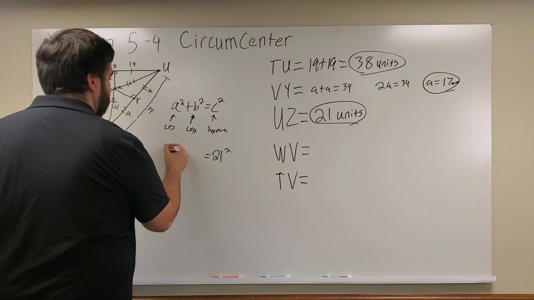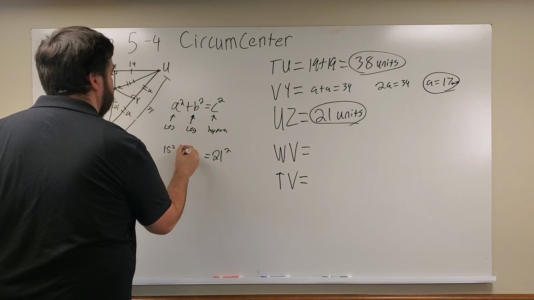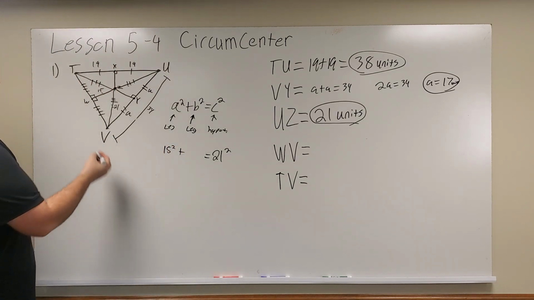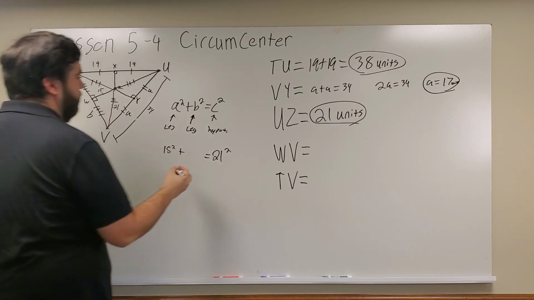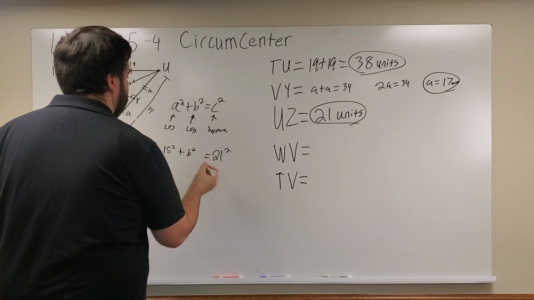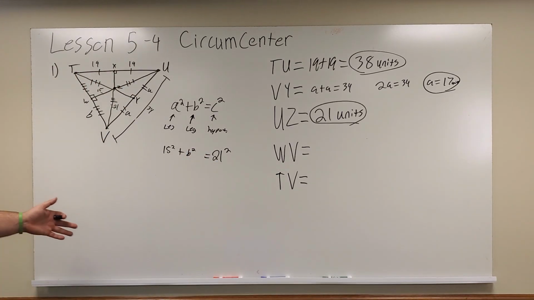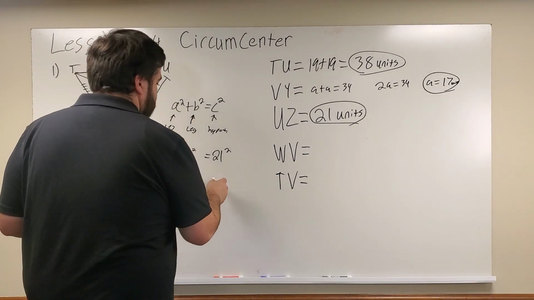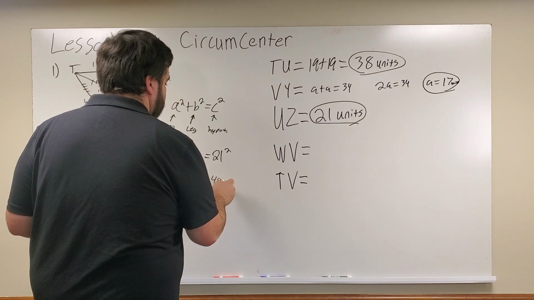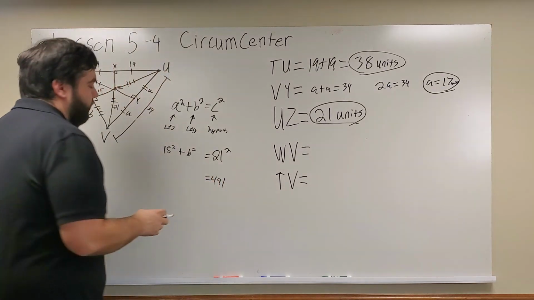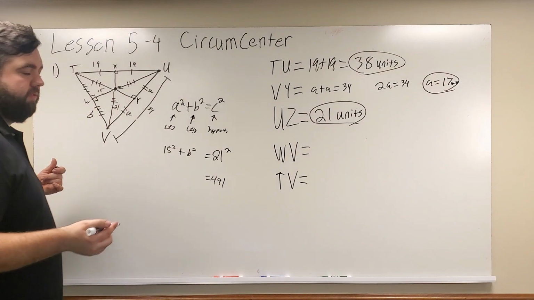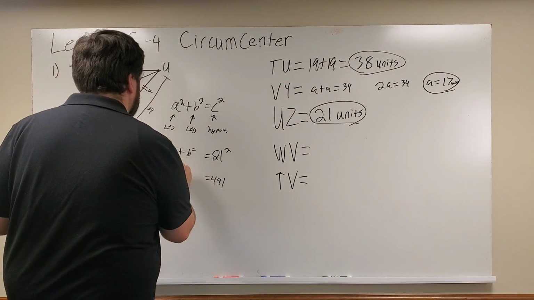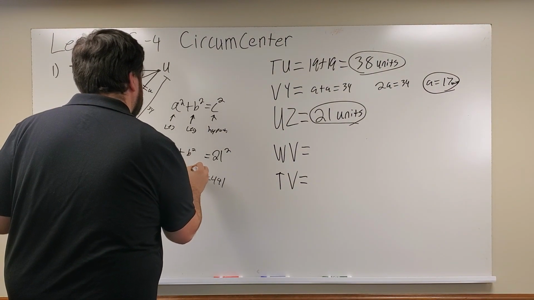We're going to say 15 squared plus, and then what's this one? Just for variables, we'll call it b, which is nice for our formula. All right? So we're going to go ahead and square those. 21 and 21 is going to give me 441 is equal to 15 and 15 gives me 225 plus b squared.